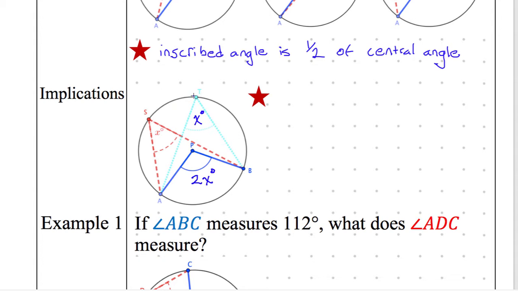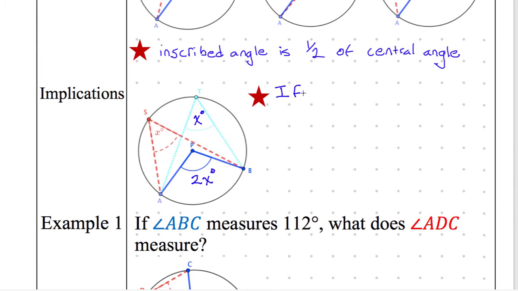If I have these 2 angles and they're both attached, these 2 inscribed angles are attached to point A, B, those 2 inscribed angles are the same no matter how I move them around. So this is what we want to write.